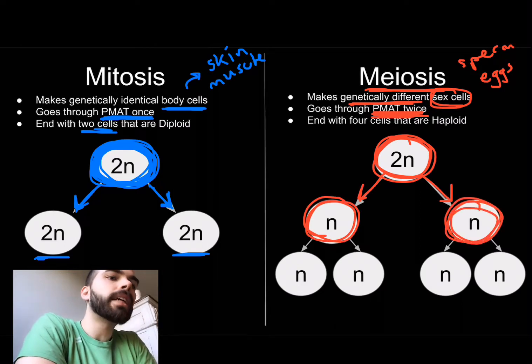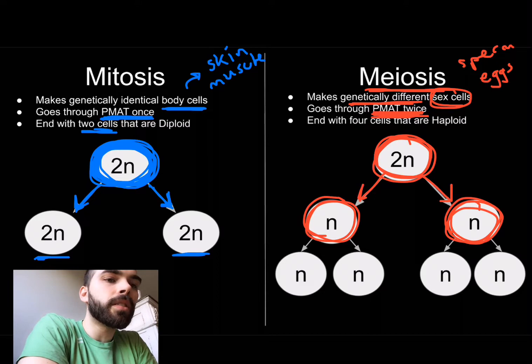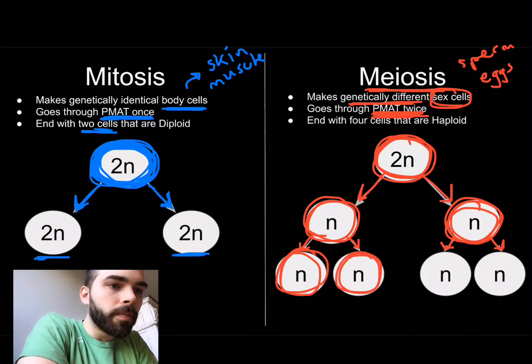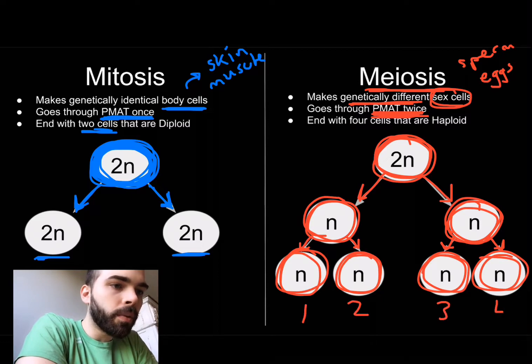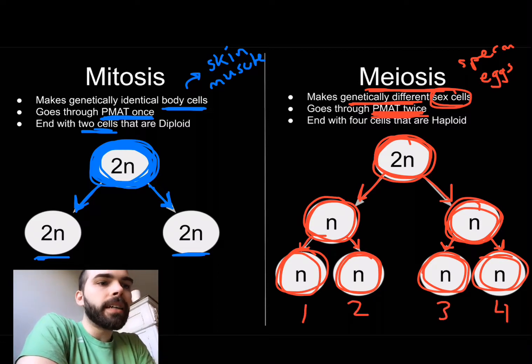So far that's like mitosis, but the difference is now each of those are going to divide. And so by the end of meiosis, you have 4 cells total. 1, 2, 3, 4.